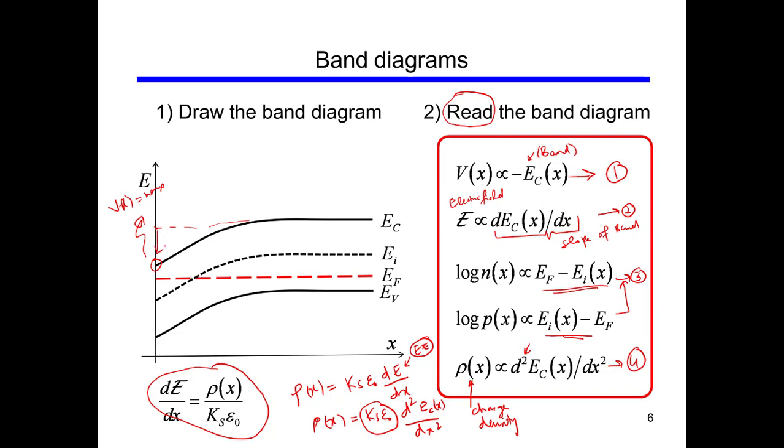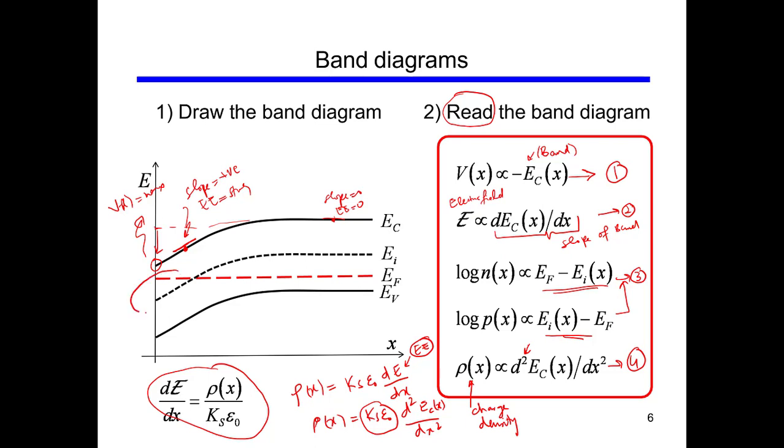And I told you the electric field is the gradient or slope. So here the slope is positive, so electric field is strong here. And here the slope is 0, so electric field is weak or 0.